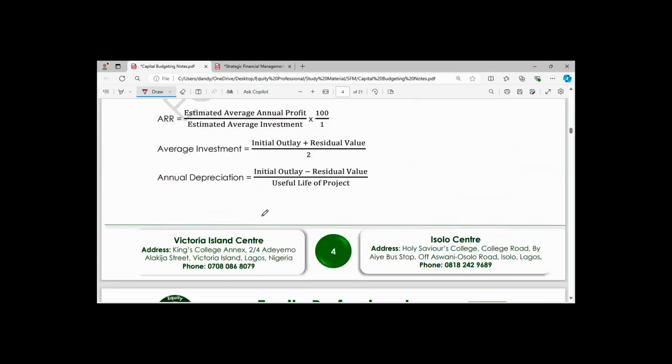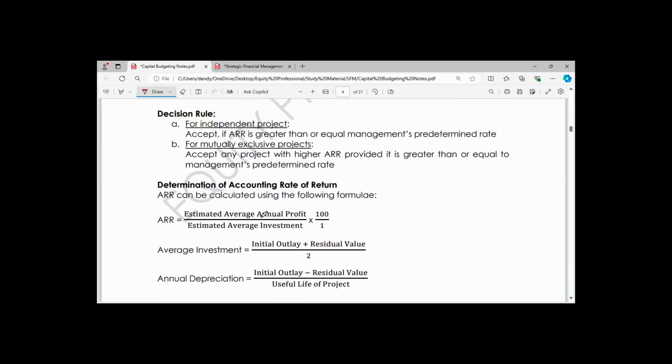Before you put in the formula for calculating accounting rate of return, the first working that you are going to do in most cases is to calculate your depreciation. That will be your first working.